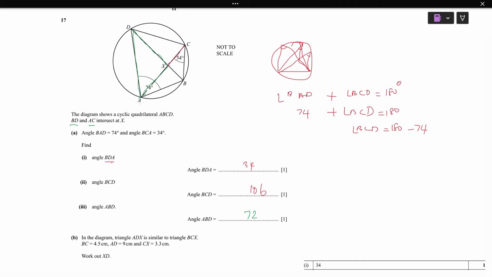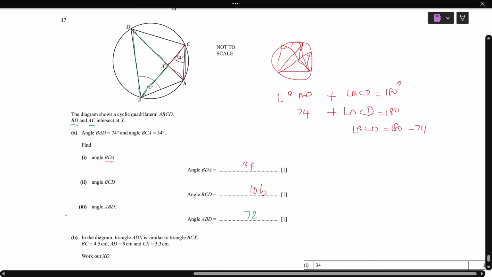These two triangles are similar. Some values are given. We need to find XD. Since these two triangles are similar, in ADX, AD and BC are in equal ratio. AD over BC equals DX over CX. This is an equal ratio because of similarity.